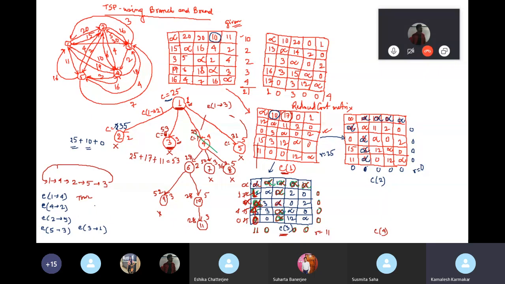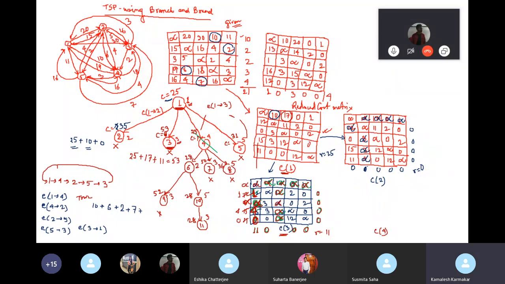So 10 plus 4 to 2, this cost is 6. Then 2 to 5, this is 2. Then vertex 5 to 3, the cost is 7.